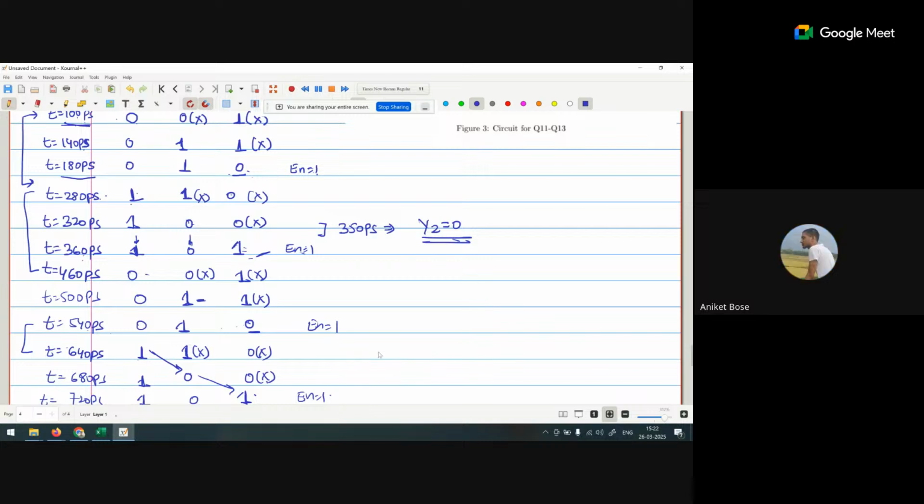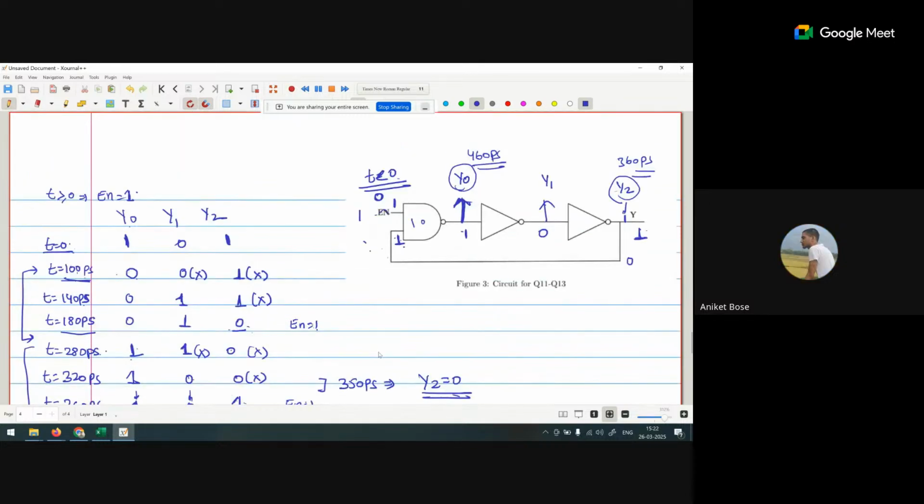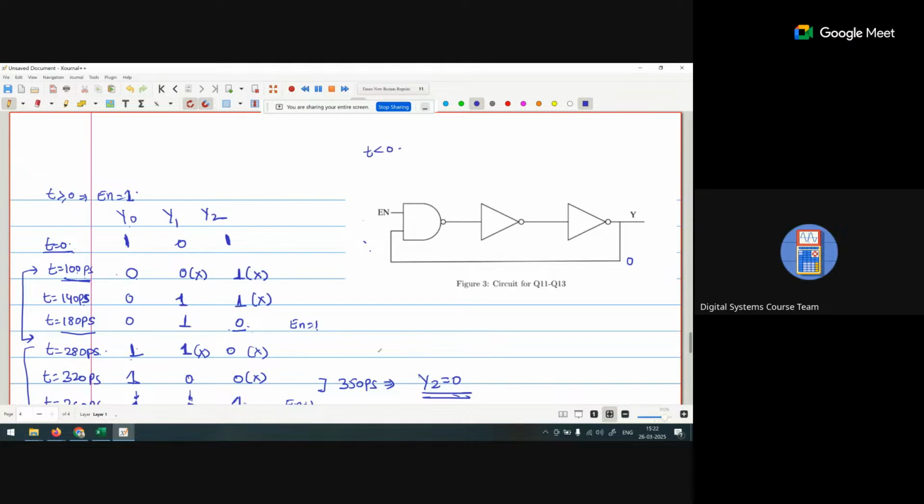Sir, what did you take as the initial value of y? Y2 I am taking as a 1. But sir, in the question it is not mentioned. It is not mentioned. So how do we check the value of y2? If we consider t less than 0, enable is 0.